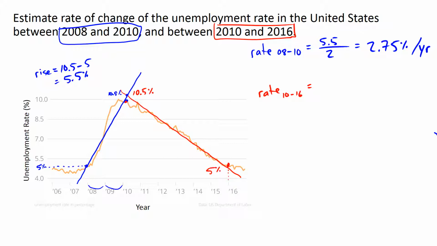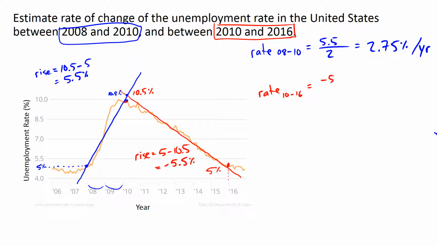So my drop this time is going to be a negative rise because the graph is dropping between those points. So this rise is going to be 5 minus 10.5, which is negative 5.5%.